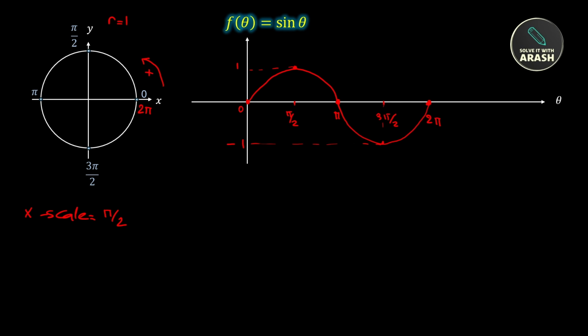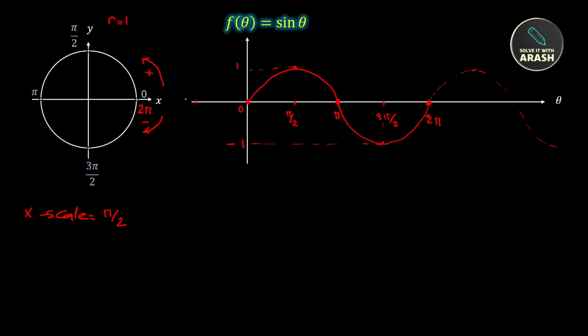Why do I call it one cycle? If I keep going after 2 pi to the next angle, let's say 2 pi plus pi over 2, sine of theta is going to be 1 again. So that goes up to 1. And then going to the next angle, that goes down to 0. Even if I go in the negative direction, meaning from 0, I go to negative pi over 2, the sine of the angle is going to be negative 1.